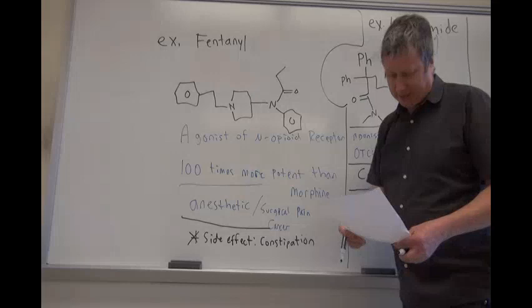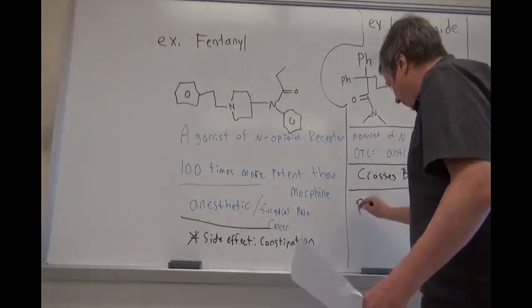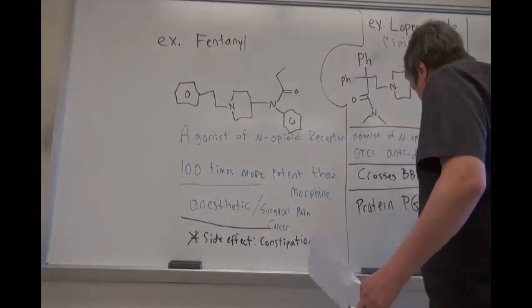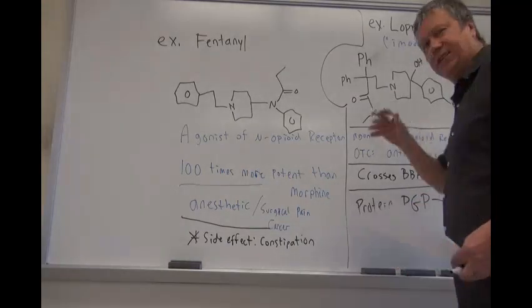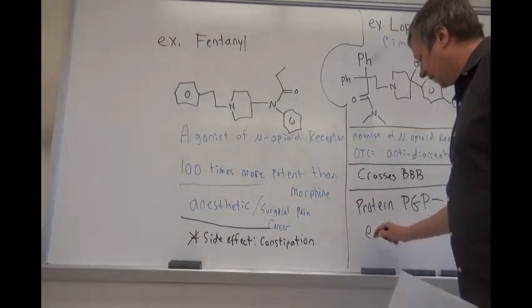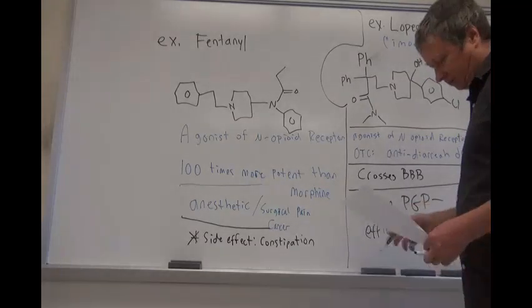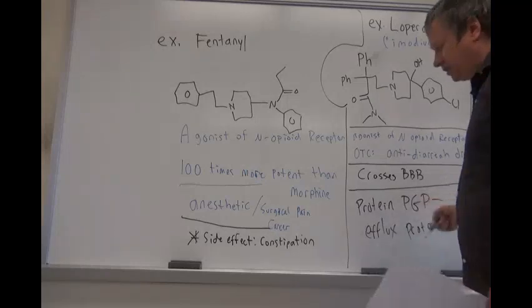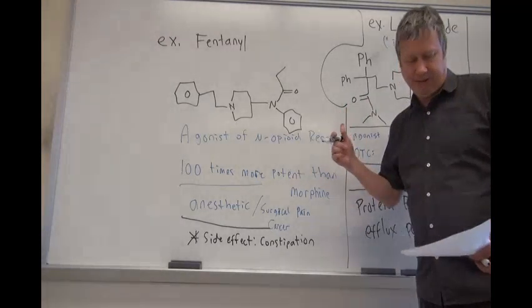there is a protein called PGP, which effluxes it out. It kicks it out of the brain. Efflux protein. Okay, so PGP, and I'll show the X-ray crystal structure in a bit.